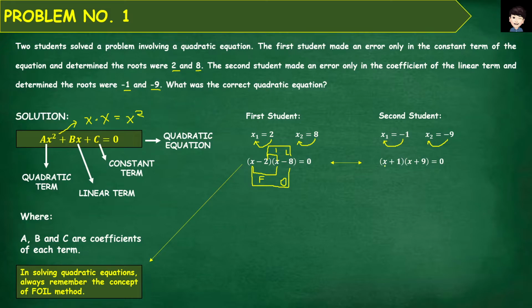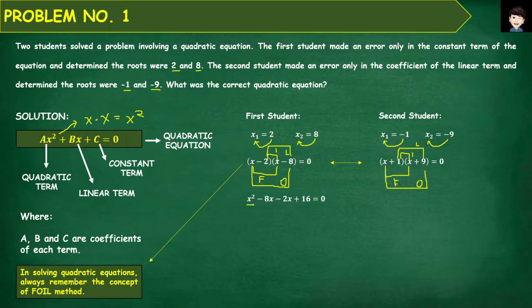Same with second student. Okay, we have F, first terms, outside terms, inner terms, and last terms. So, i-multiply natin ngayon. So, sa first student, for first term, we have x times x.